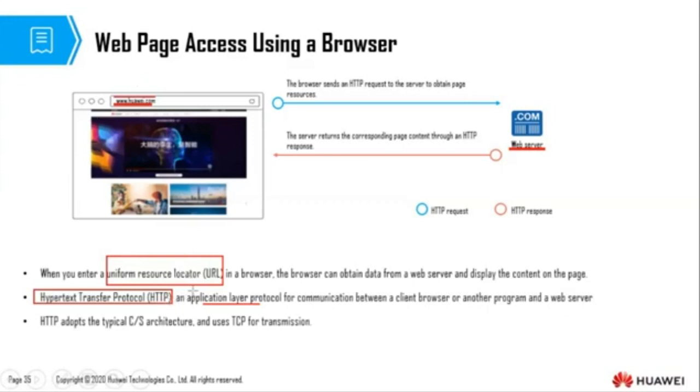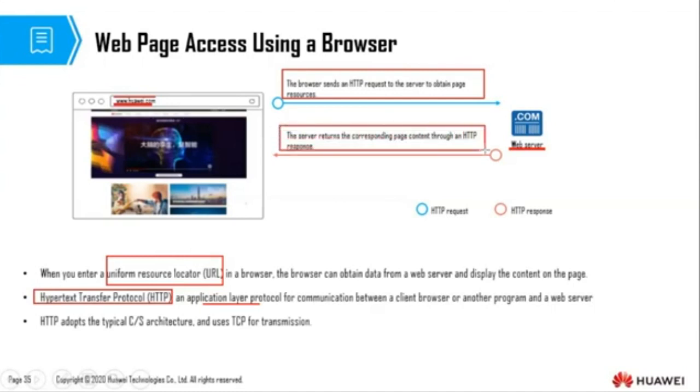So when you enter the URL and press enter, your device, which is now the client, is going to send a HTTP request to obtain that particular resource, that particular page. And once the server receives it, it's going to check, are you authorized to access that resource? If yes, you are going to receive that particular resource in a HTTP response. So we have HTTP request in blue there and HTTP response.